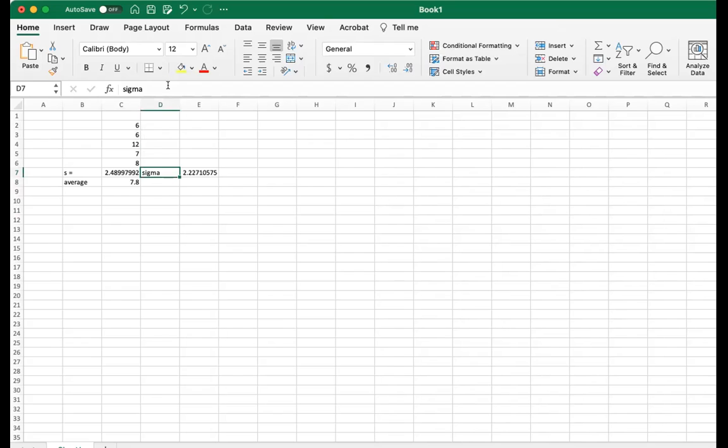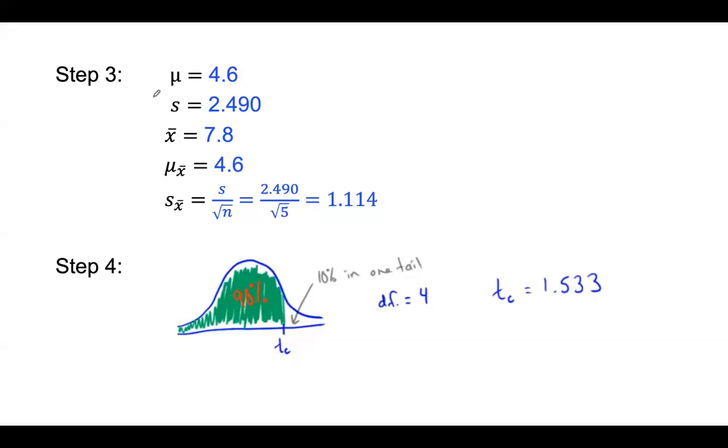This one is for the population, and this one is for the sample. It's easy to use Excel instead of actually having to compute all of this. So that's how I got these two numbers. I just used Excel. It's much more straightforward, I think.